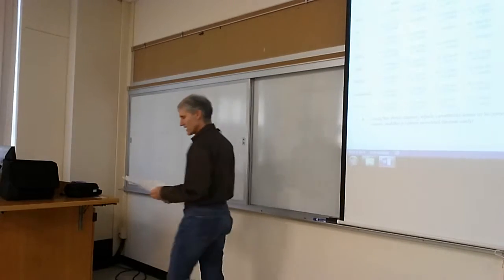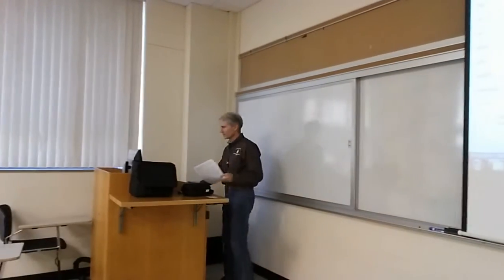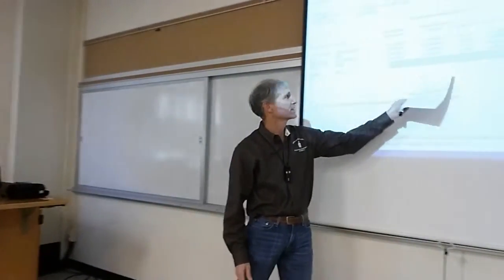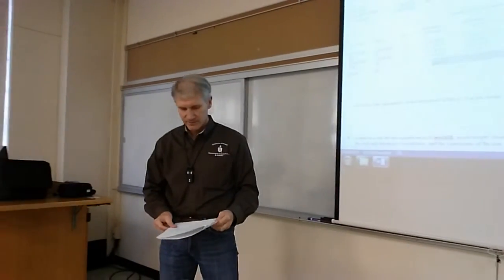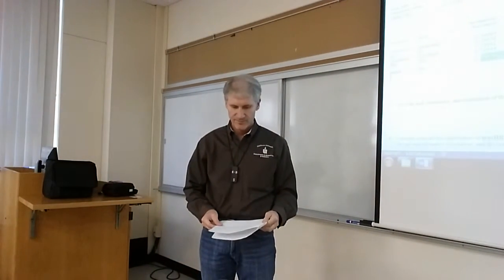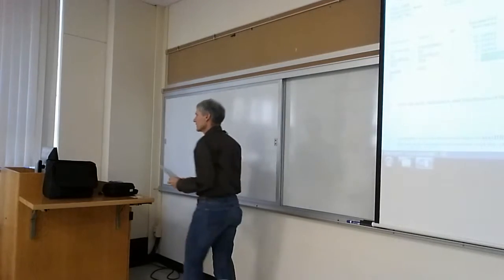If you go to the standard error of max heart rate, so I'm looking at this line. To fill all this stuff in, where do you get the standard error of max heart rate? You got to go back to the X prime X inverse matrix.